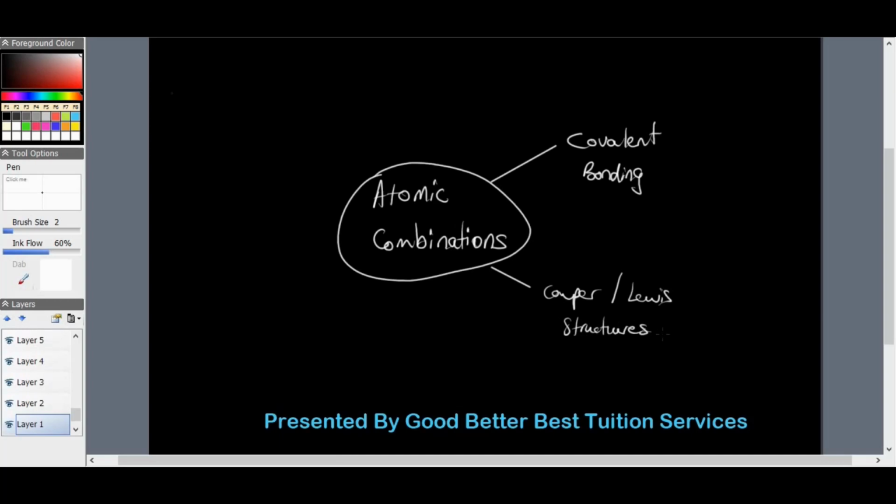If we don't remember those from grade 10, we're going to revise it. And also on the agenda for today is something called dative covalent. So it's an extension of this called dative covalent bonding, or coordinate covalent bonds.